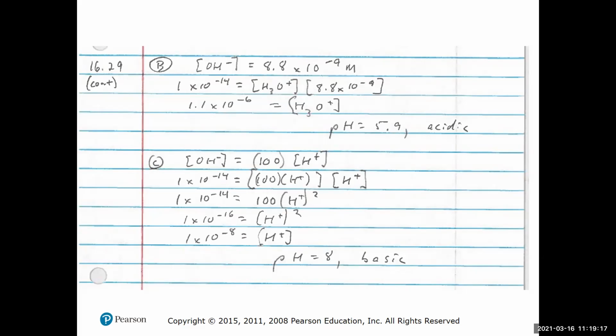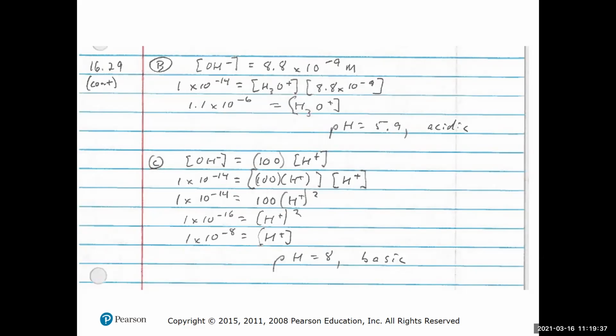And when we do that and we do the math, now we have 100 times hydrogen ion concentration squared equals that 1 times 10 to the minus 14. So we weren't given a number for a hydroxide concentration, but we were given a relationship between hydrogen and hydroxide.